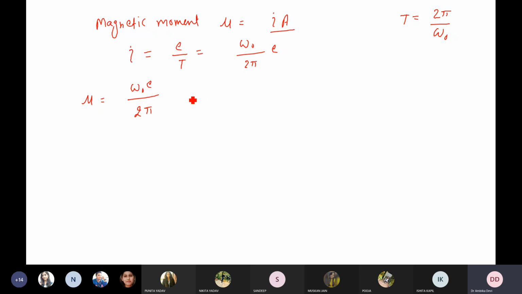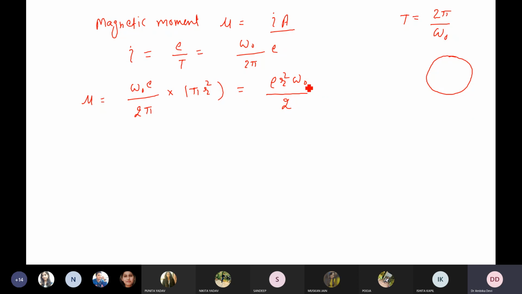A is the area of the orbit, which is πr². On simplifying, this becomes Er²ω₀/2. This is the magnetic moment possessed by the orbit if there is no field.